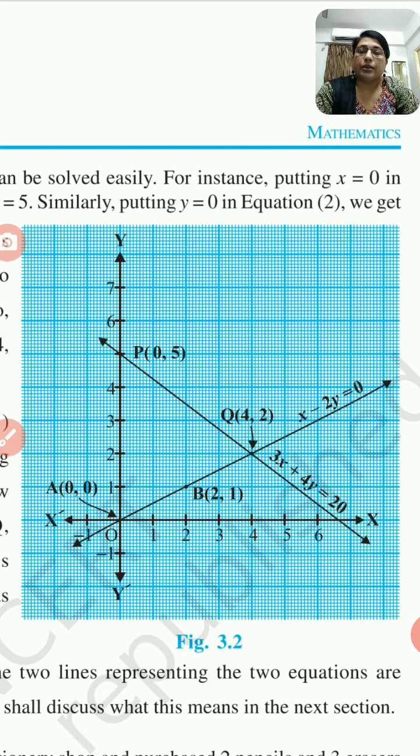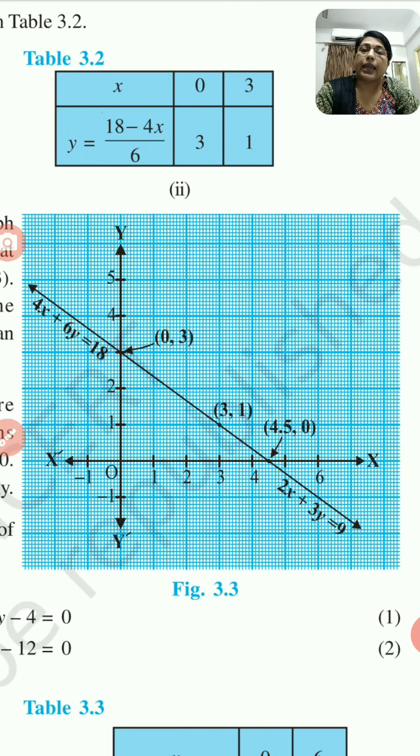In the second example, you can see that the lines representing both the equations coincide on each other, so they have infinitely many solutions.